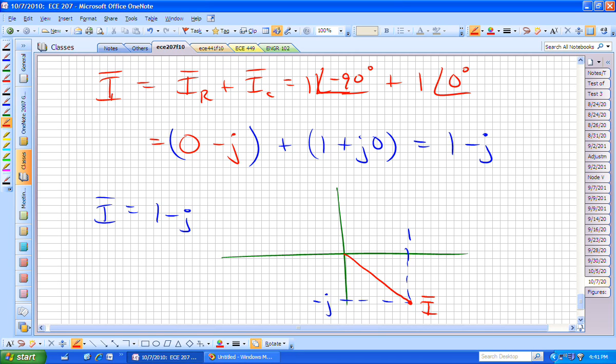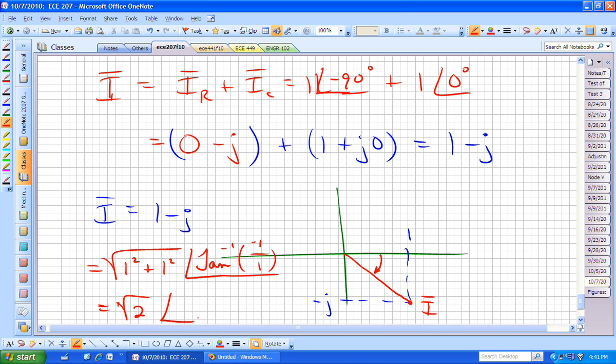The angle relative to the real axis is right there. Or you could say it's the square root of real part squared plus imaginary part squared, at an angle of the inverse tangent of the imaginary part over the real part. That's the square root of 2 at an angle.